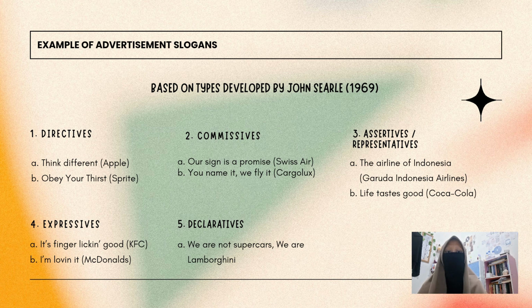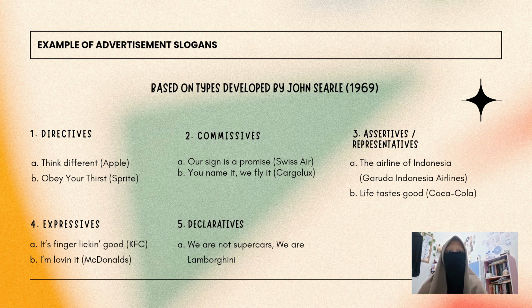And the next one is from McDonald's. As we know, the slogan from McDonald's is so popular, which is "I'm lovin' it." So the pronoun I represents the customer's voice about the product. And the slogan "I'm lovin' it" is supposed to be expressed by the customer after they have McDonald's products.